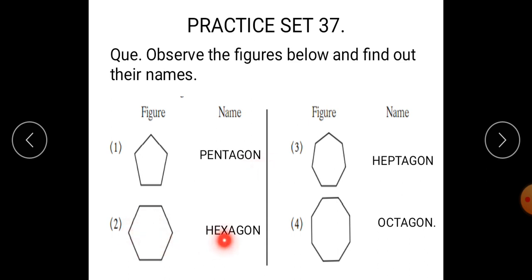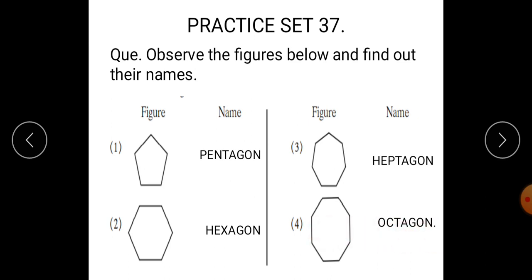A closed figure with six sides is called a hexagon. A closed figure with seven sides is called a heptagon. And a closed figure with eight sides is called an octagon.